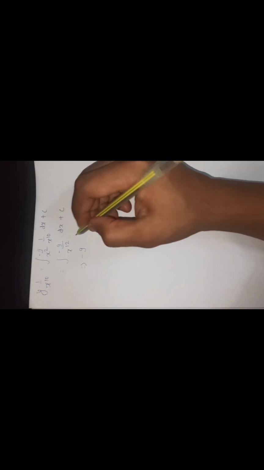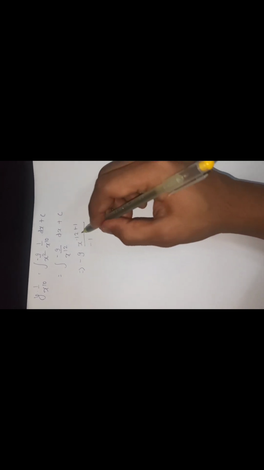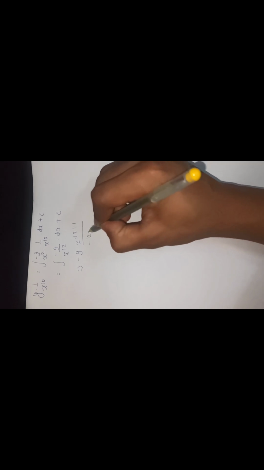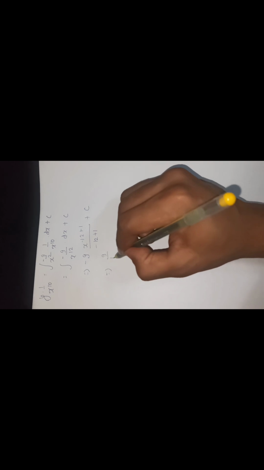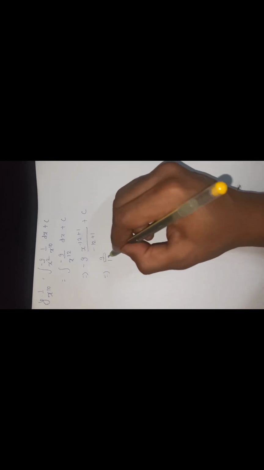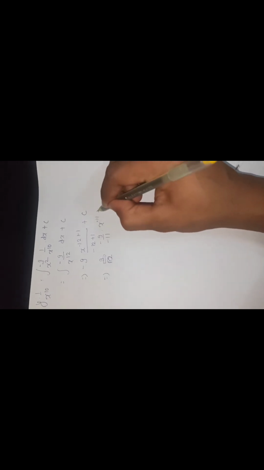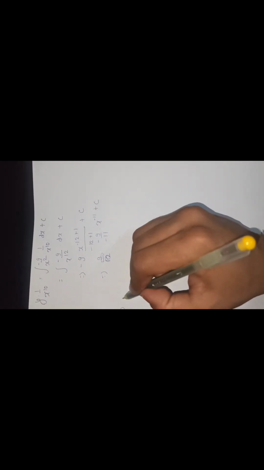By solving this simple integration, we'll get x to the power minus 12 plus 1 upon minus 12 plus 1 plus c, so it is 9 upon 11 x to the power minus 11 plus c. And this is nothing but y multiplied by 1 upon x to the power 10 is equal to 9 upon 11 x to the power minus 11 plus c.